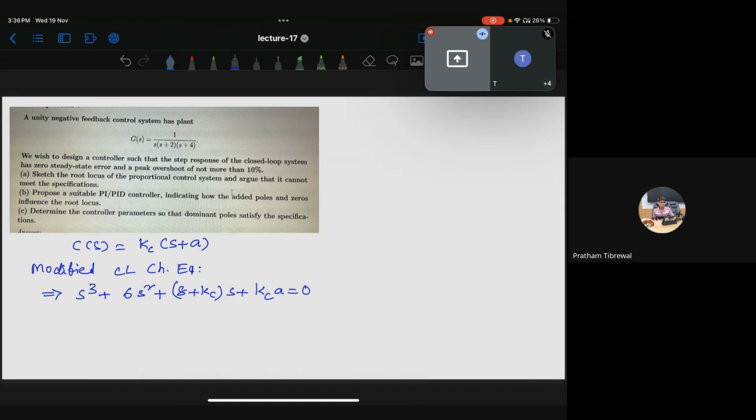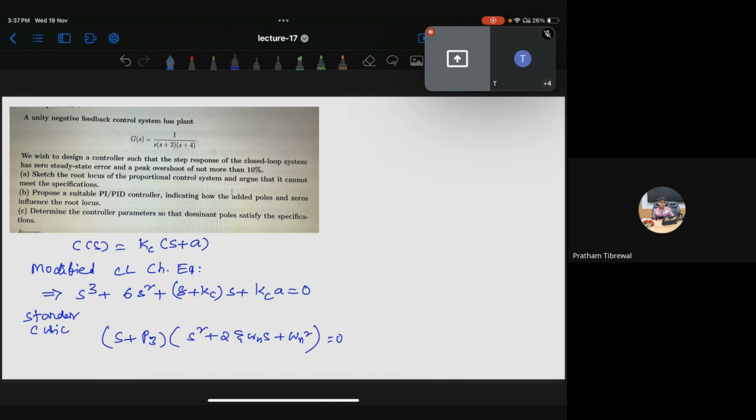Again, take the standard cubic. What do you take? S plus p3 multiplied by S square plus 2 zeta omega n S plus omega n square.